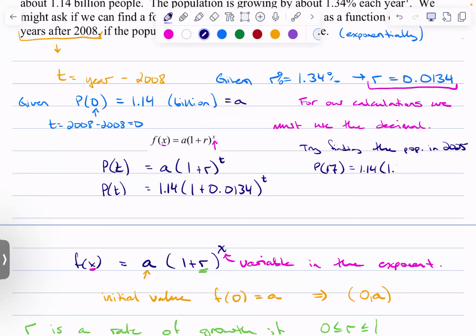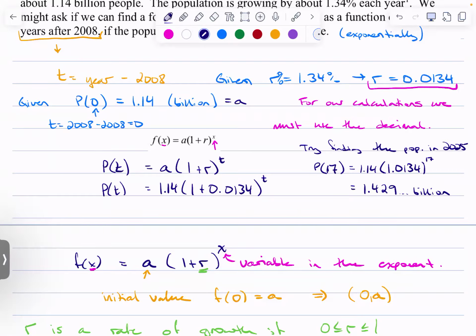So 1.14 times 1.0134. Notice that we'll usually just simplify the 1 plus R into basically a B. That's what the B is: 1.0134 to the power of 17. So I have 1.0134 to the power of 17 times 1.14. I get 1.429 blah blah blah billion.